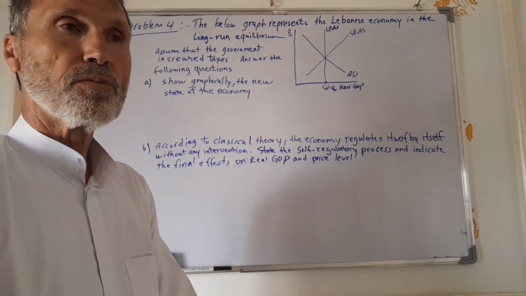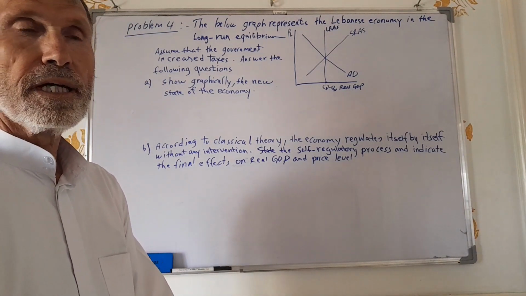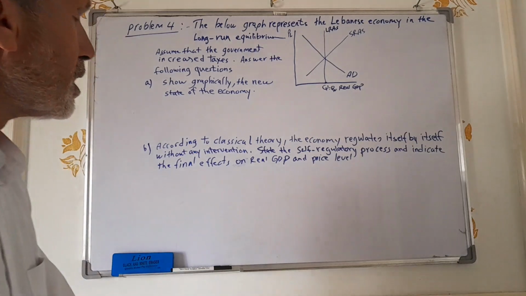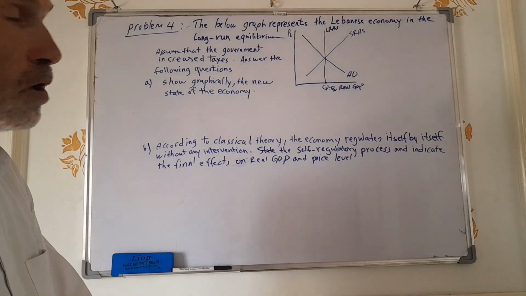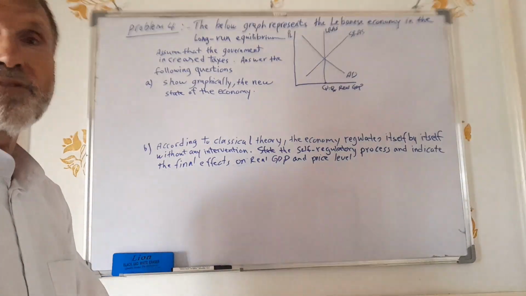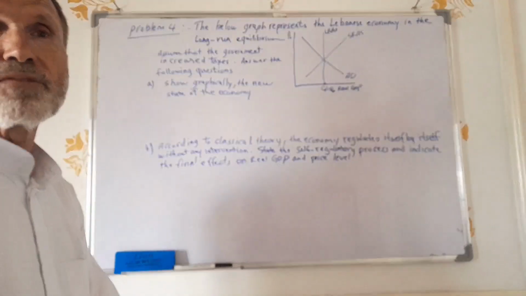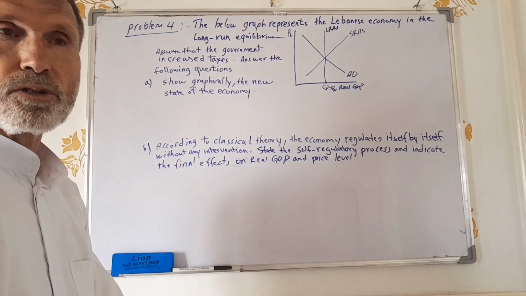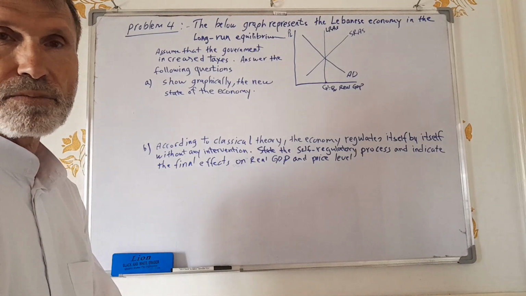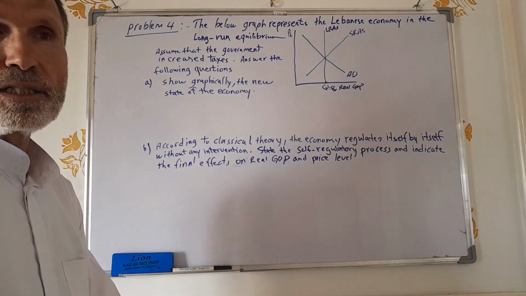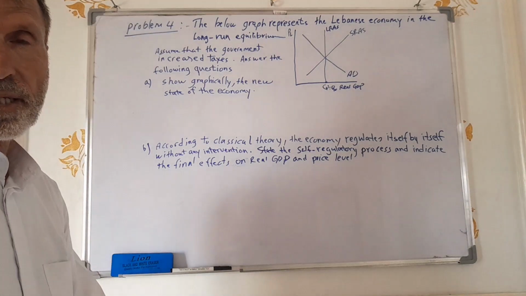They move back and forth in response to any changes in the economy. And they believe in laissez-faire economy, which means non-interference policy. They don't believe in any intervention by the government in the economy. So these are the main beliefs of the classical economists.